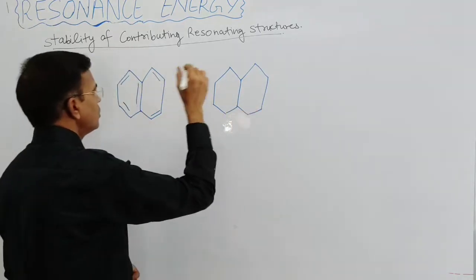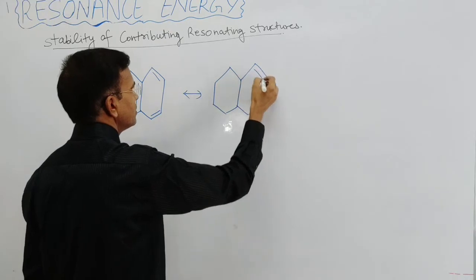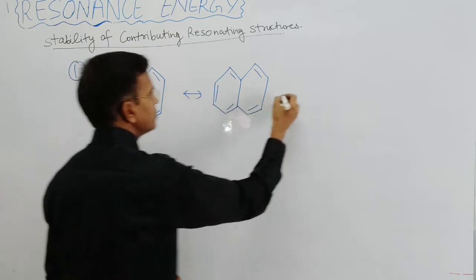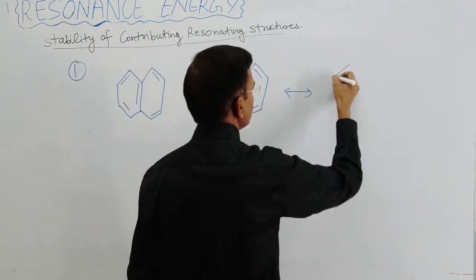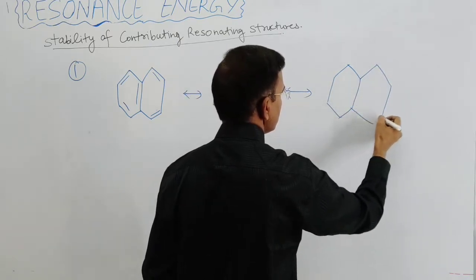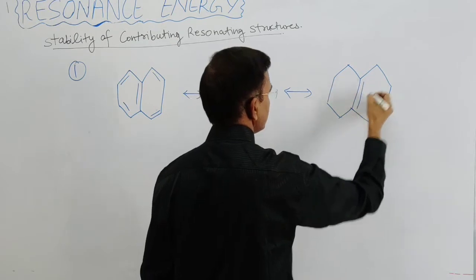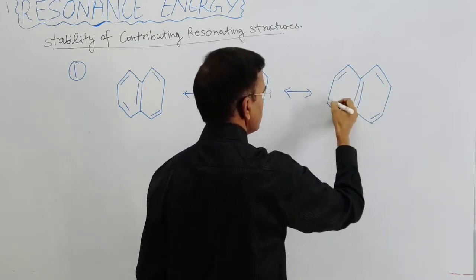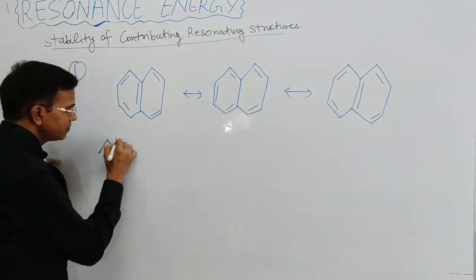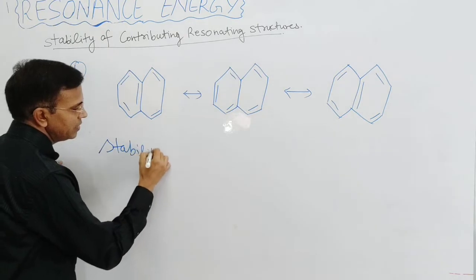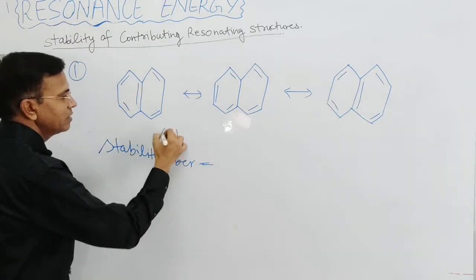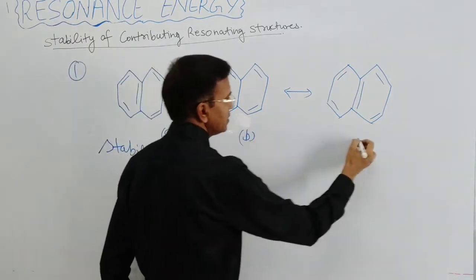I'm going to write here all the three structures, right? So beta, these may be the three structures. So the stability order is equal to, let this is A, this is B, and this one is C.